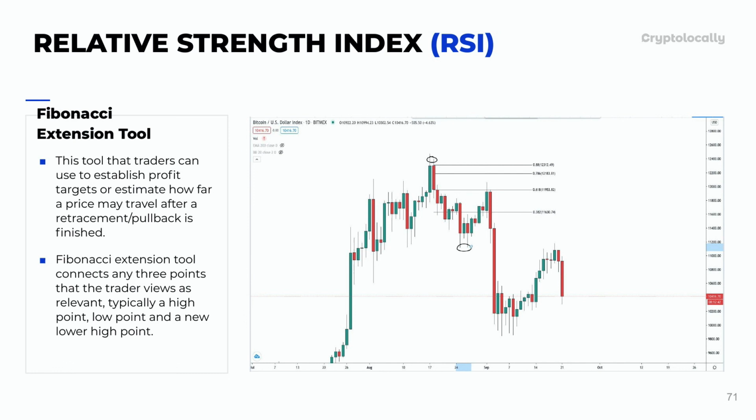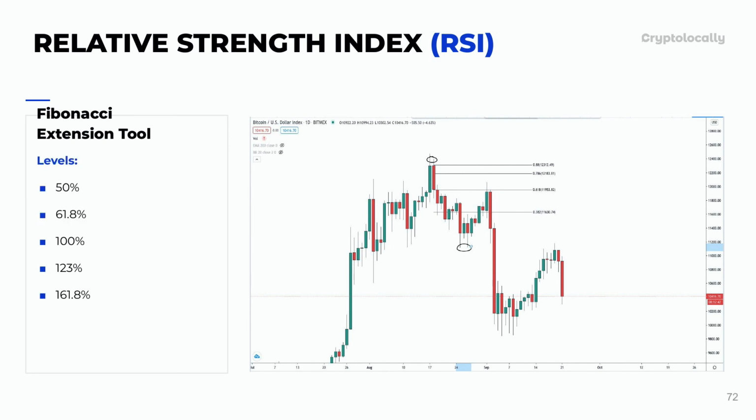So if there's an uptrend, Fibonacci retracement tool will help you get where it's going to drop to before it continues moving up. For Fibonacci extension, it will help you get the profit target or how far a price may travel after a retracement. So you use Fibonacci retracement before using Fibonacci extension tool. Do you understand? So these are the levels, and if you've not done your TradingView setup, you can use these settings to set your Fibonacci extension tool up.